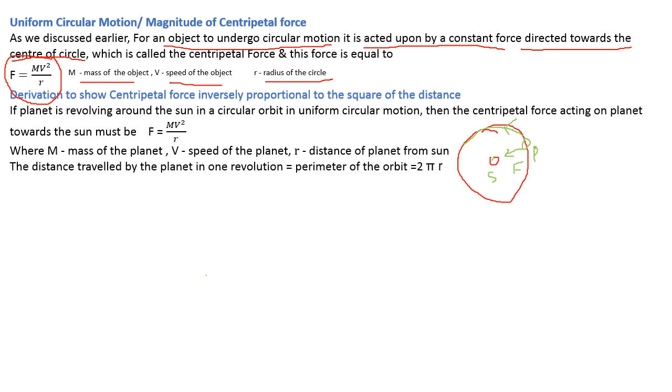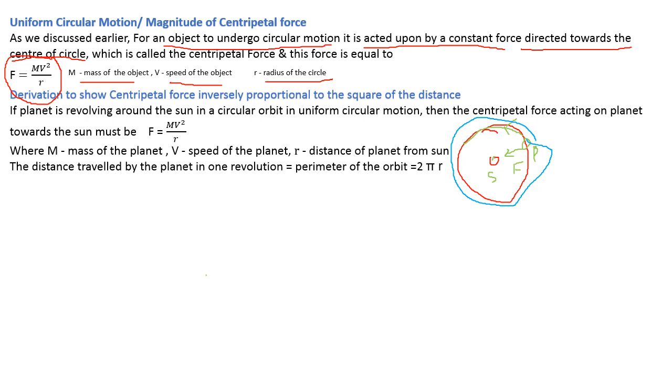So the distance traveled by the planet in one revolution is equal to the perimeter of the orbit, and that is nothing but 2 pi r. When the planet completes one revolution around the sun, that is the perimeter of the orbit. The orbit is our circular path, correct?